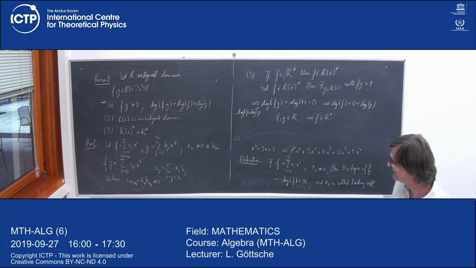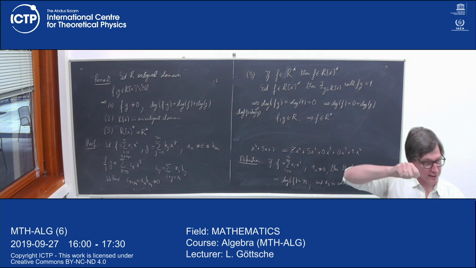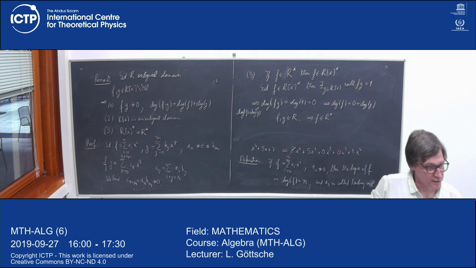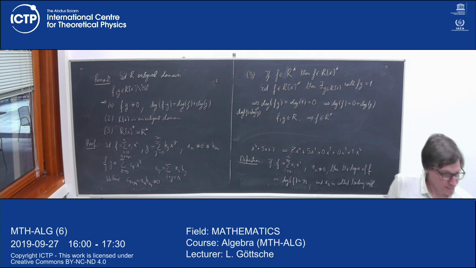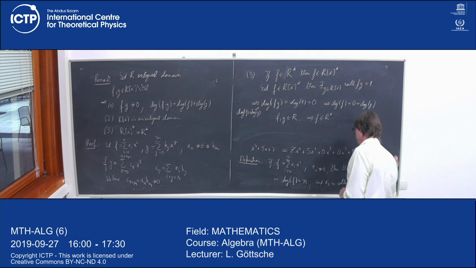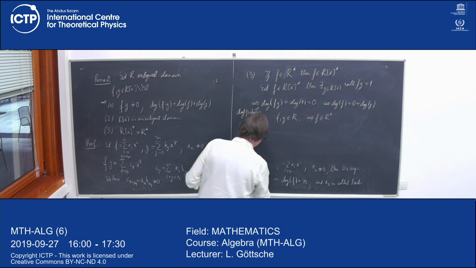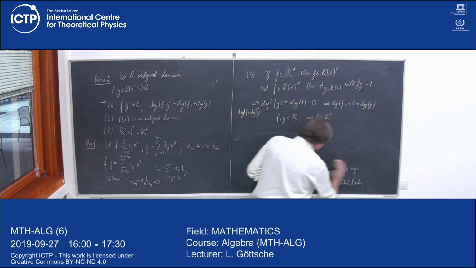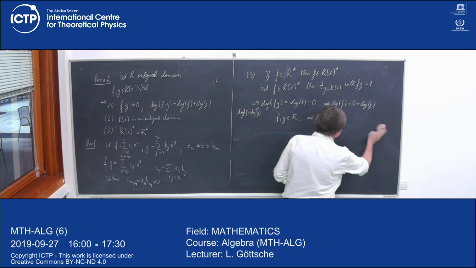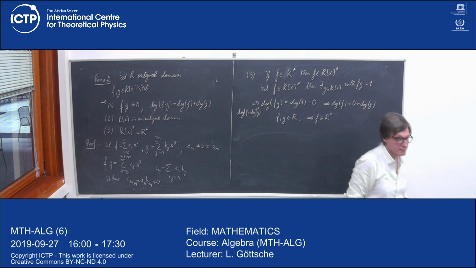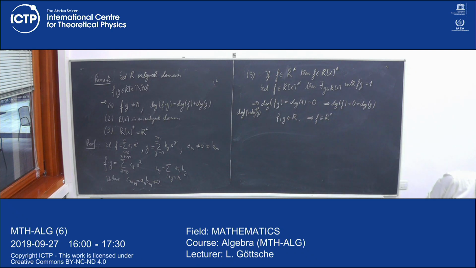At any rate, sometimes you want the degree to add up in certain calculations, and then it might be useful to have it either -1 or -infinity. But a priori, the way I've defined it now, the zero polynomial has no degree. That's how I view it at the moment. But if you look in the literature, you find different conventions, each of which has some advantage.